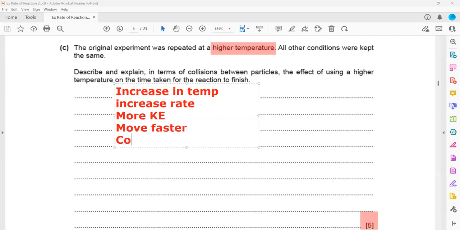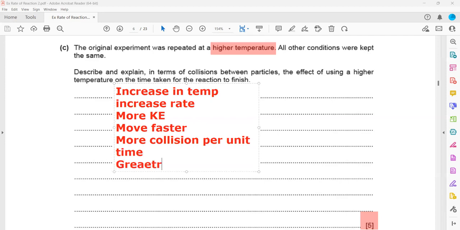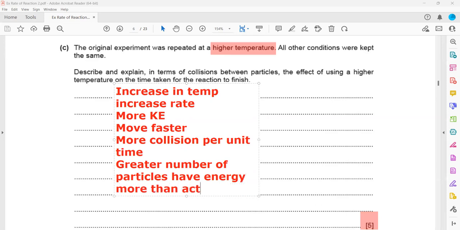There will be more successful collisions per unit time. And as a result, a greater proportion or greater number of the particles have energy more than activation energy.